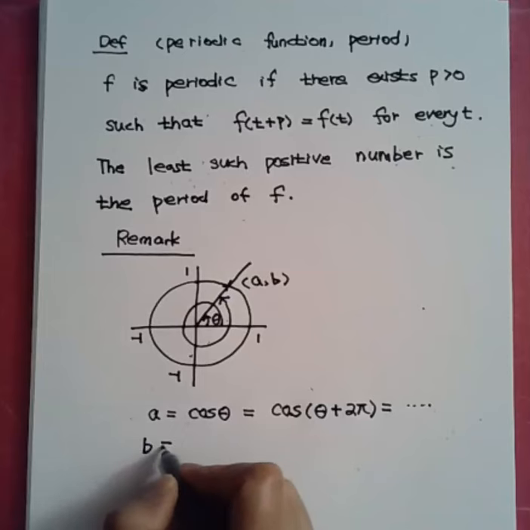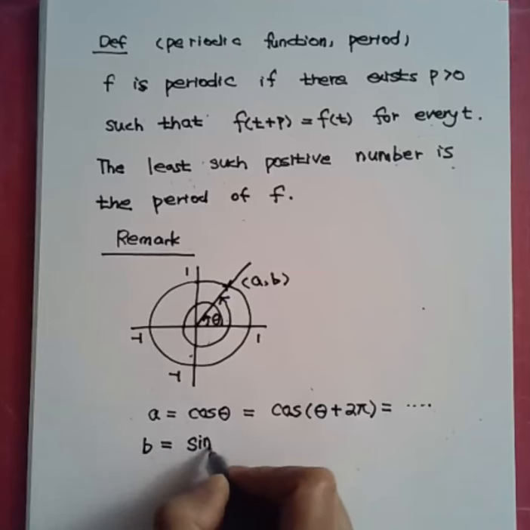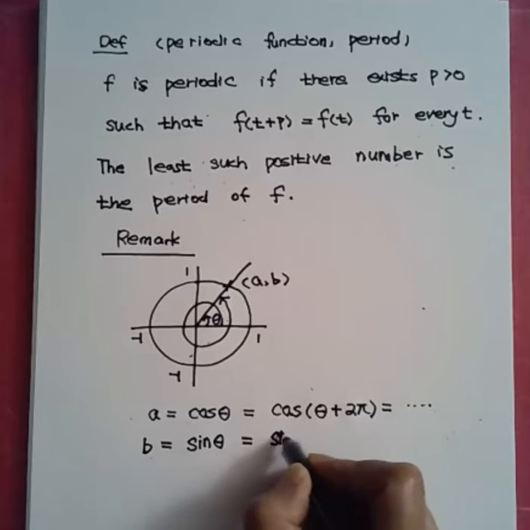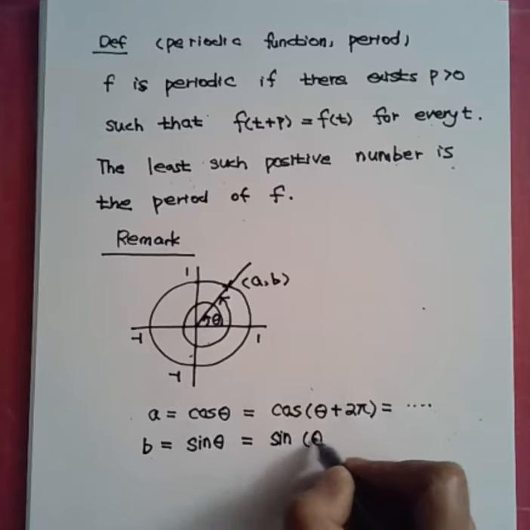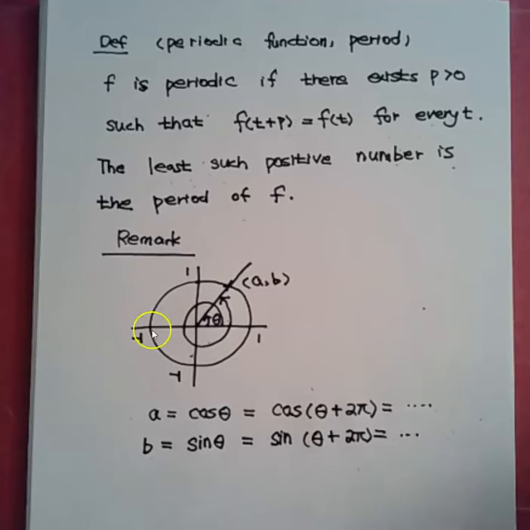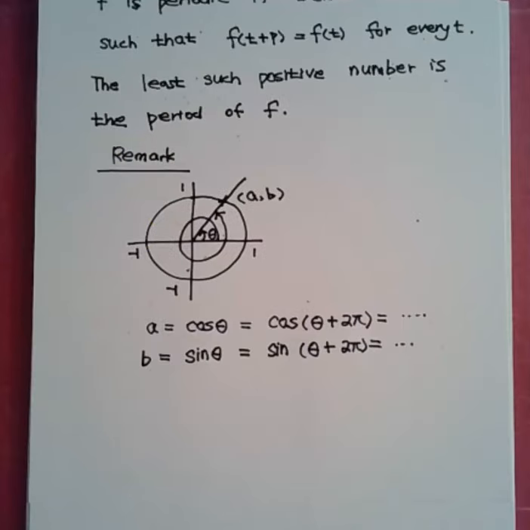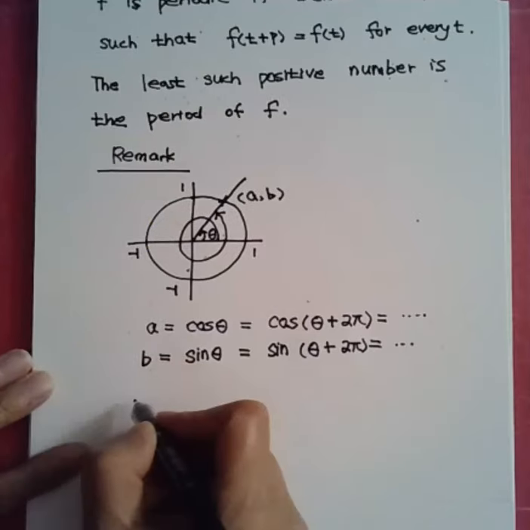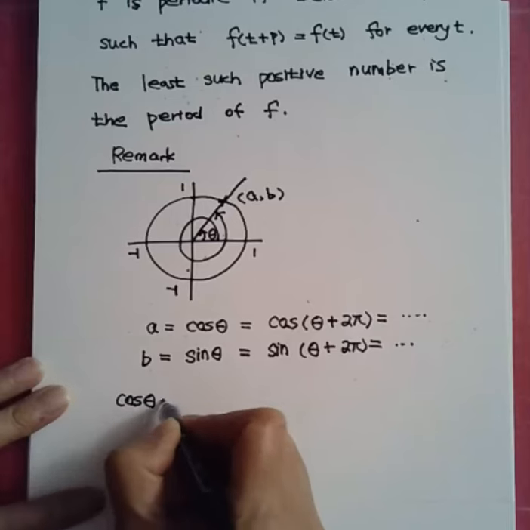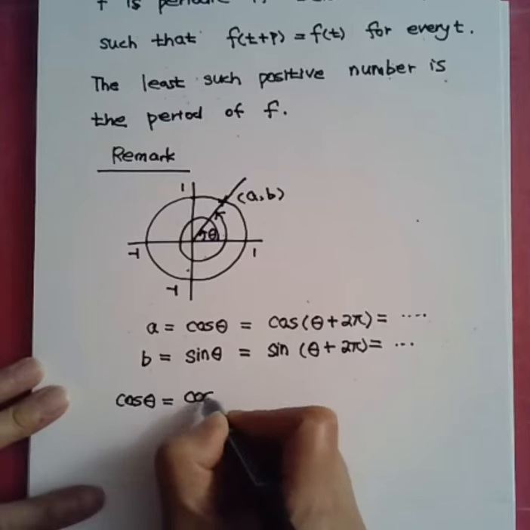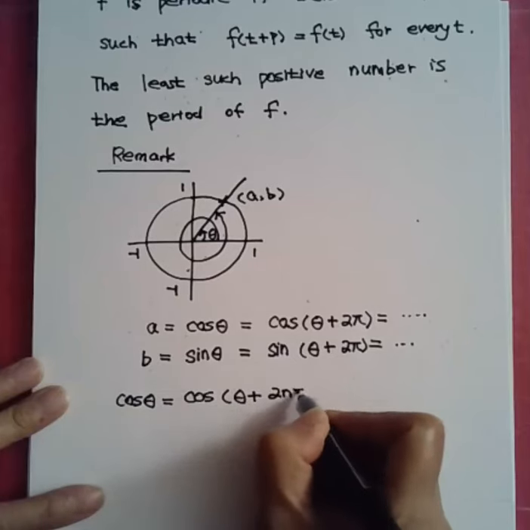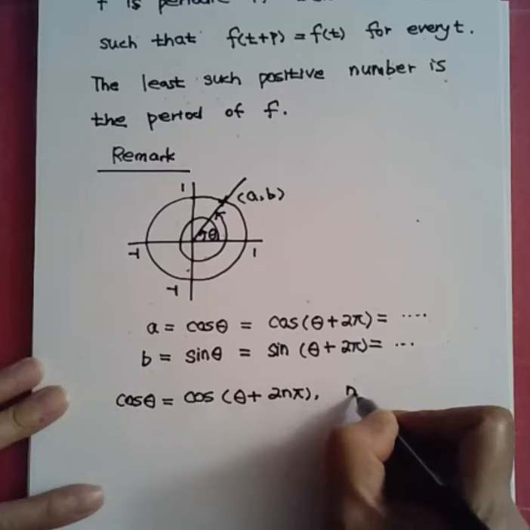Let's say B is sine of theta. Then similarly, we can say that sine of theta plus 2 pi has the same value because those are coterminal angles. Generally, we can write cosine of theta equals cosine of theta plus 2n pi when n is an integer.